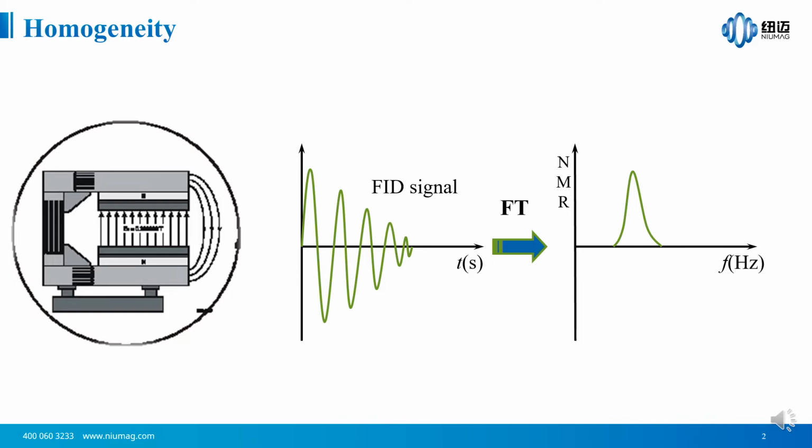In NMR, we can collect FID signals and then Fourier transform them. After the Fourier transform, the signal changes from the time domain to the frequency domain. We can get a spectrum that looks like this.